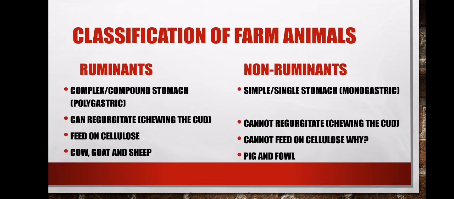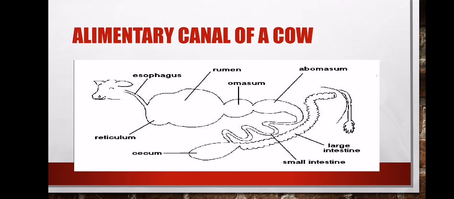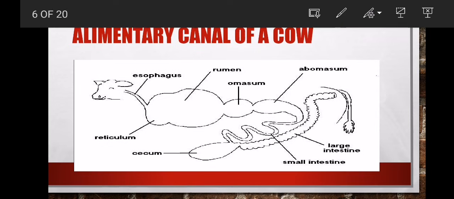The most important thing, good people, is to make sure that you are able to identify them if they are shown in a diagram. That's the very most important thing. Let us try to look at this part. We have this alimentary canal or this digestive system. If, good people, you try to go with me here, I even gave you the subheading alimentary canal of a cow.